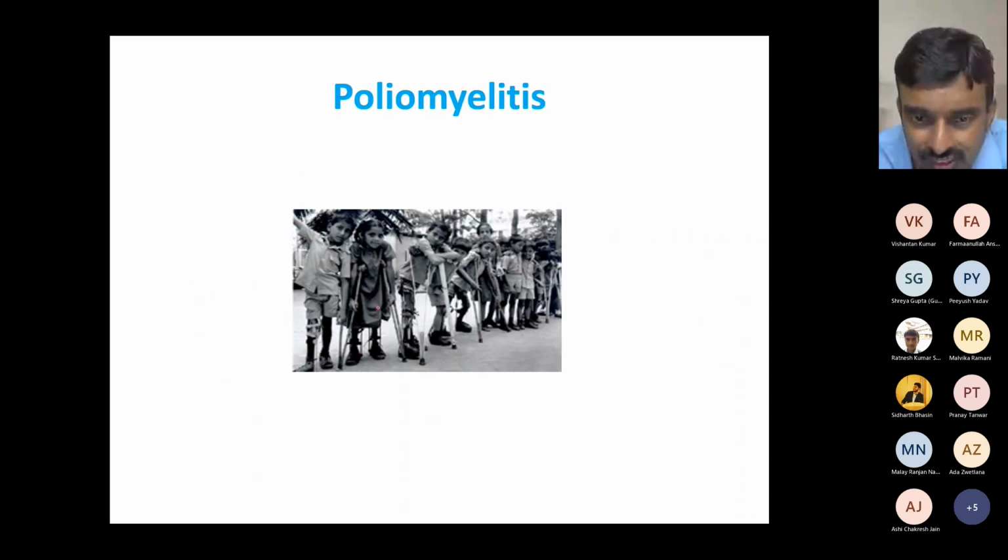Now, all of you know it leads to the paralysis of one limb, usually, depending on the anterior horn cells that are affected. And because those motor neurons stop sending signal to your muscle, there's something called muscle wasting that happens. The tone of the muscle is lost.